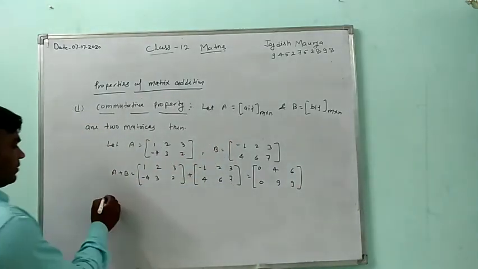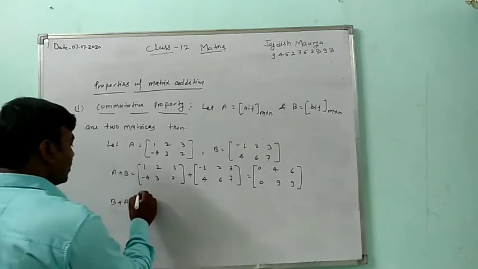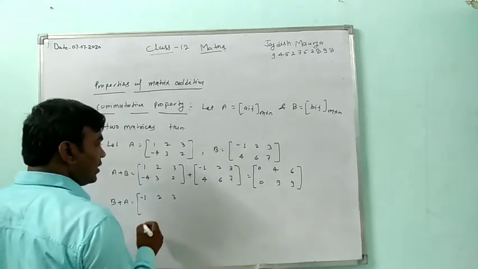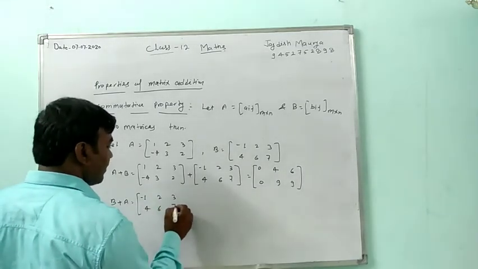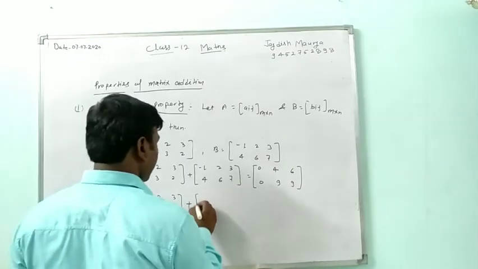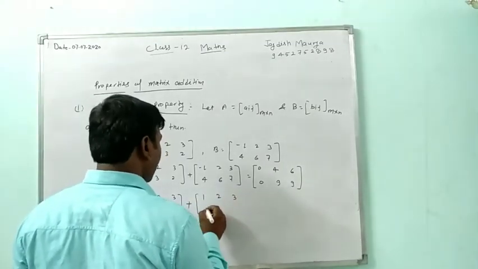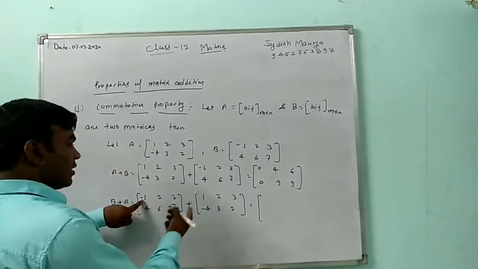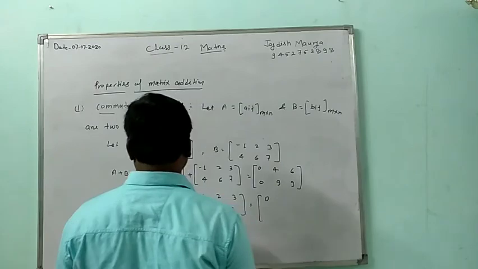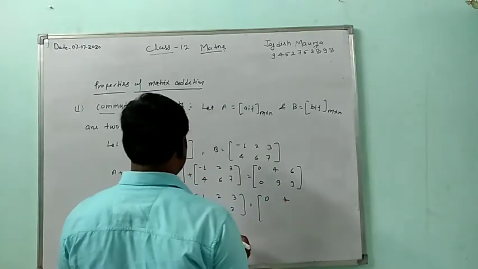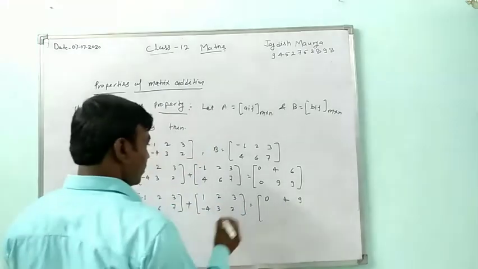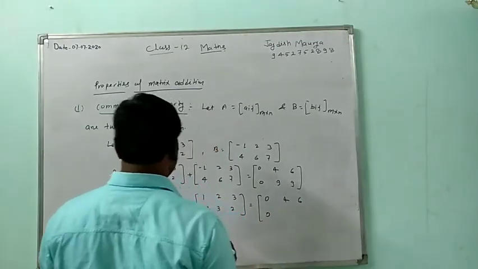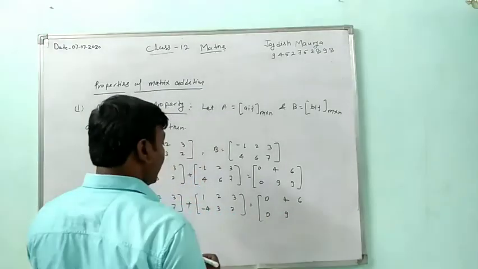When we add B plus A, this will come [-1 2 3; 4 6 7] plus [1 2 3; -4 3 2], and this will come minus 1 plus 1, 0, 2 plus 2, 4, 3 plus 3, 6, 4 plus minus 4, 0, 6 plus 3, 9, 7 plus 2, 9.